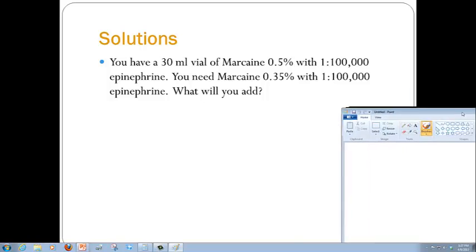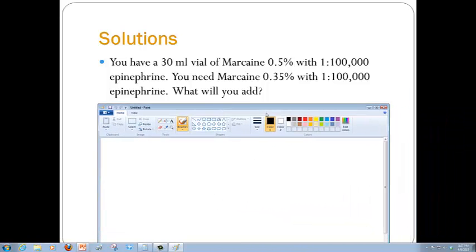Okay, now that we've corrected the Marcaine, we need to work on the epinephrine. Remember that we added 12.9 milliliters to the solution when we corrected the Marcaine from 0.5% to 0.35%.